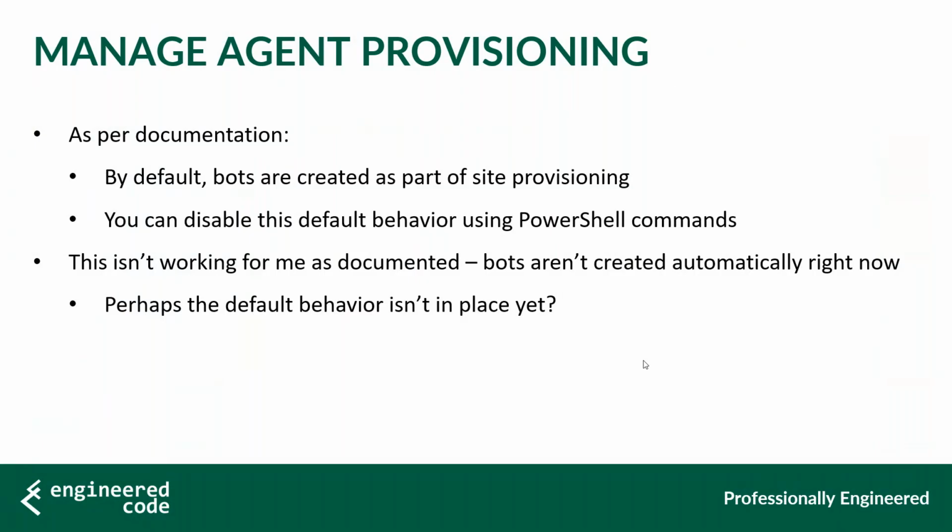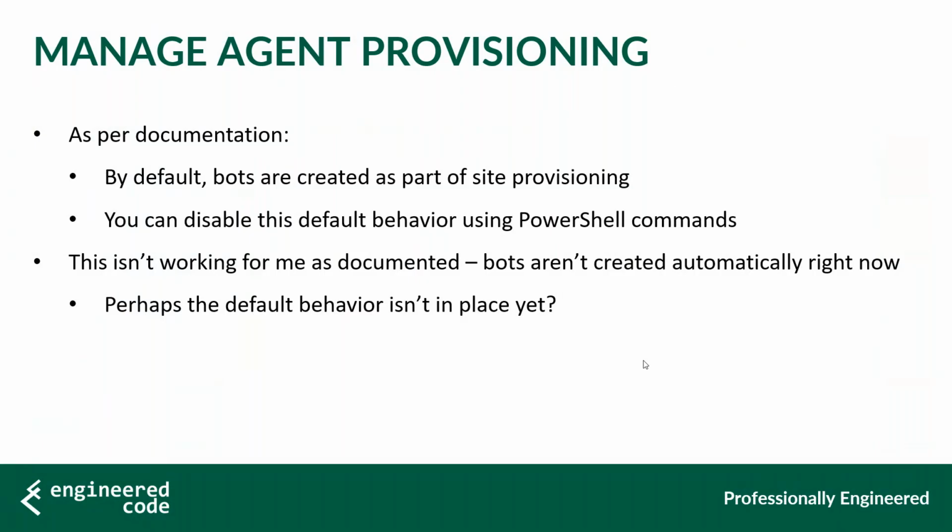But if that ever does get sorted out, and you don't want a new site to create a new bot, you can disable this default behavior. There are some PowerShell commands. It's basically using the get and set tenant settings PowerShell command for Power Platform settings. Again, this isn't working for me as documented, because this setting for me is undefined, which means a bot should be created when I spin up a new site.